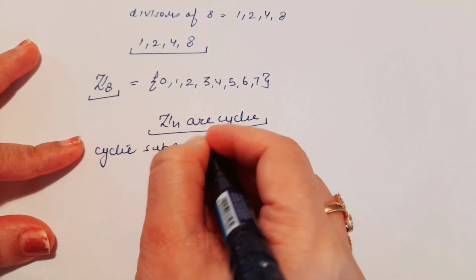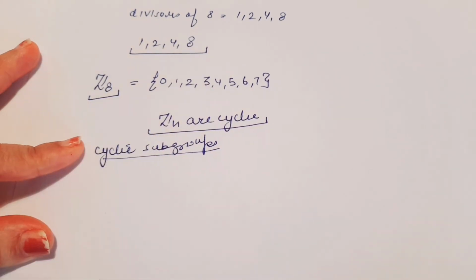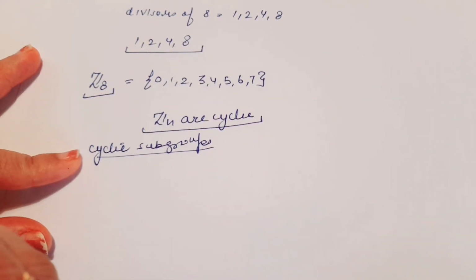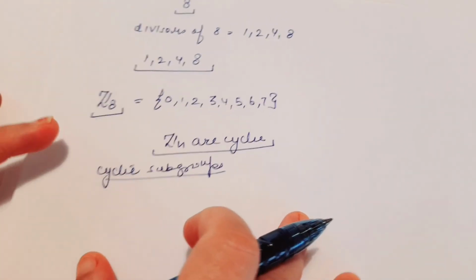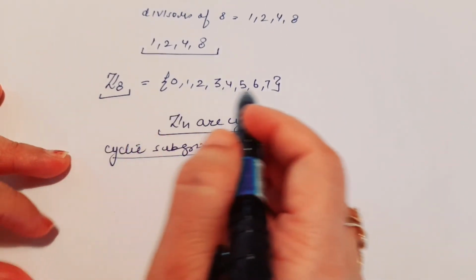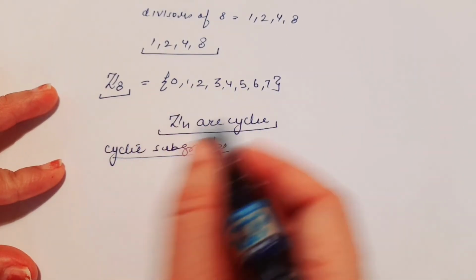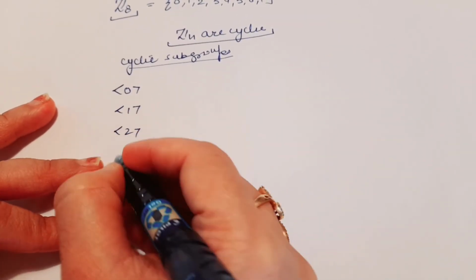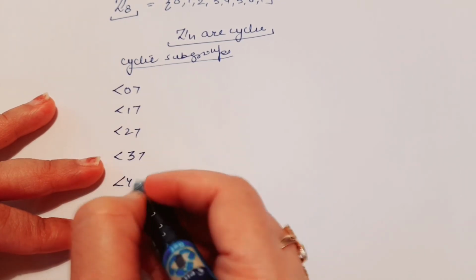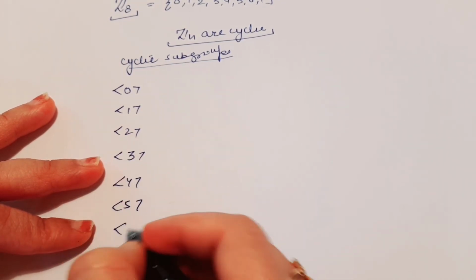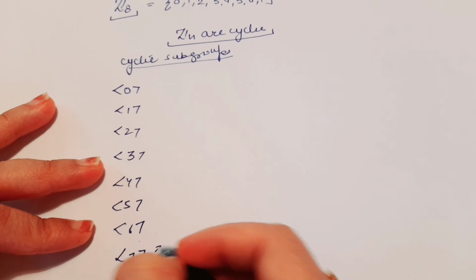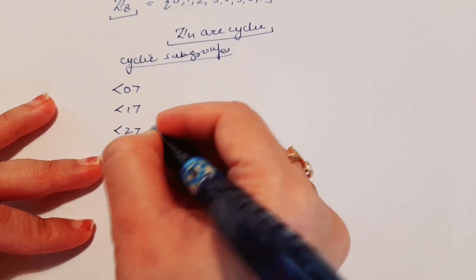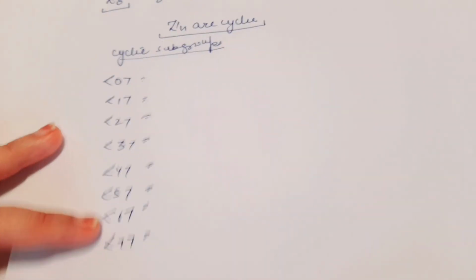Okay, what are cyclic subgroups? Cyclic subgroups are those subgroups which are generated by elements of any group. If we generate subgroups from 0, 1, 2, 3, 4, 5, 6, 7, then we will get cyclic subgroups of Z8.